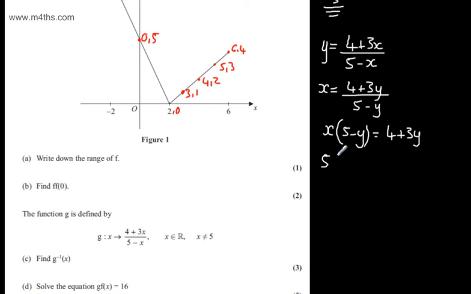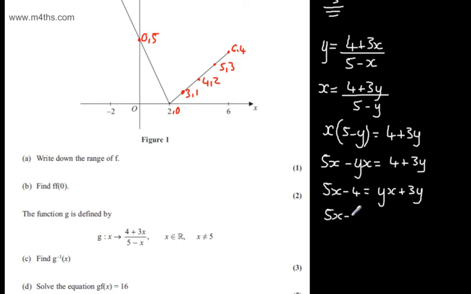Expanding the bracket, we're going to have 5x minus yx, equal to 4 plus 3y. So we can say 5x minus 4 will be equal to yx plus 3y. Factoring the y on the right, 5x minus 4 is equal to y(x plus 3).